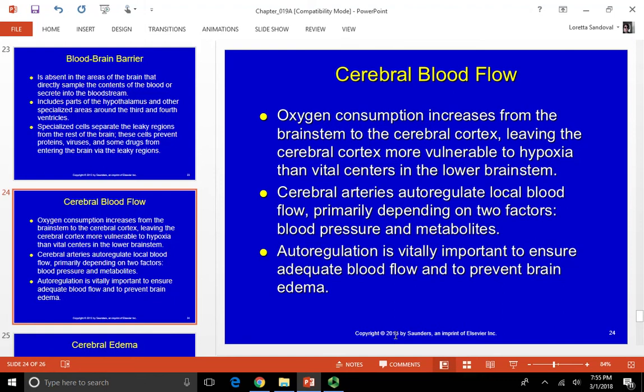Cerebral arteries actually auto-regulate local blood flow, primarily depending on blood pressure and metabolites. The auto-regulation is hugely important to ensure adequate blood flow and prevent brain edema. So you want enough blood, but not too much.